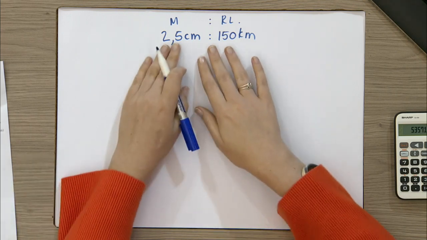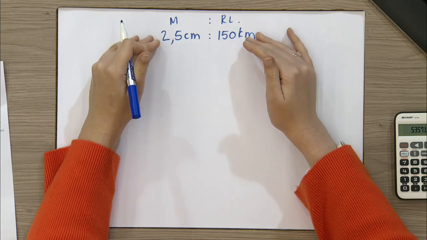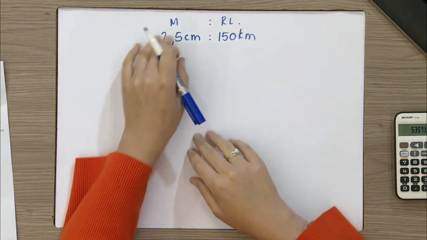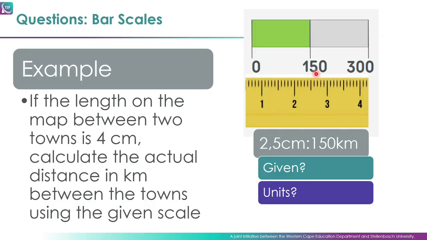But now I can already see there's so many things that are different in this question. So what do I know now? There's centimeters and there's kilometers. So you can either take this into a unit ratio, so then you can make a scale by making them into the same level, or if we go back to the example, it says the length on the map between two towns is 4 centimeters. So in other words, what is given to us?